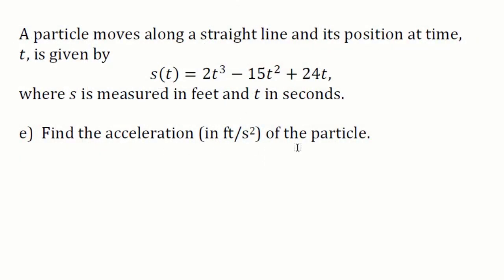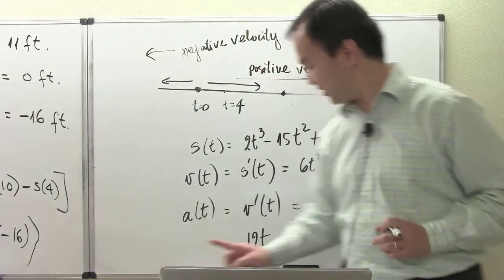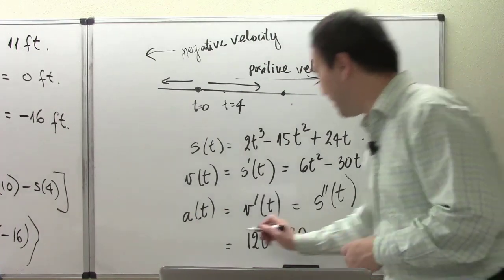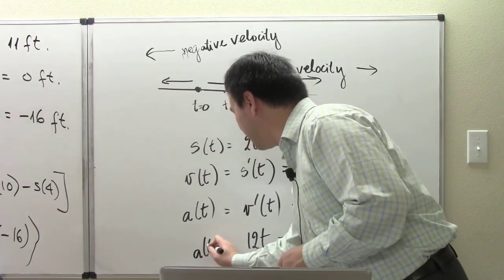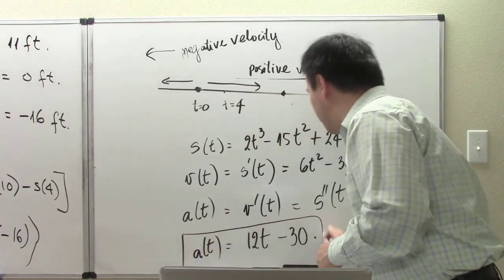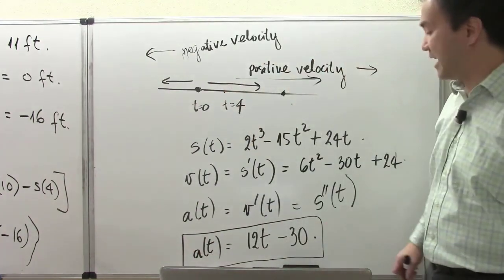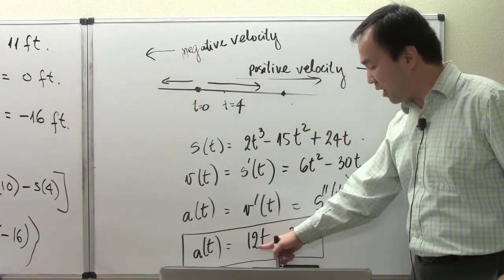We don't have to find the acceleration at any particular time instance. This question simply says find the acceleration, and without a specific time value, it is only looking for the general acceleration, and that's what we have just done. So the general acceleration of the particle can be found by the formula 12t minus 30.